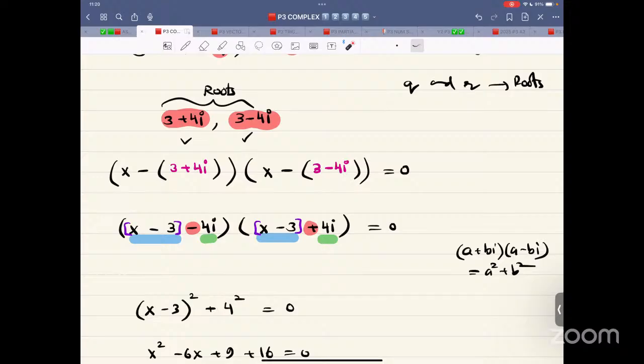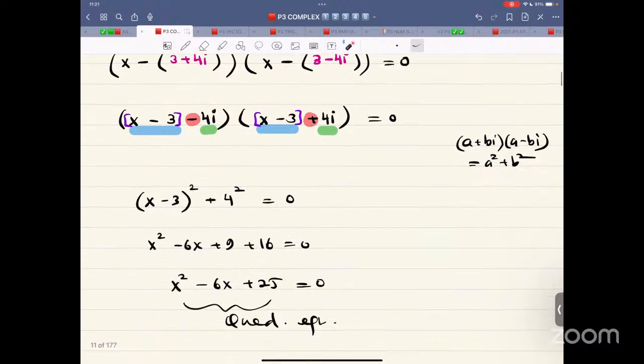But if you use your brain, which you should, this is the real part, this is the imaginary part, this is the real part, this is the imaginary part. So this is real minus imaginary, real plus imaginary, like the conjugate thing. So (a plus bi)(a minus bi) gives a squared plus b squared. So what is a over here? A is the blue one, that is over here.